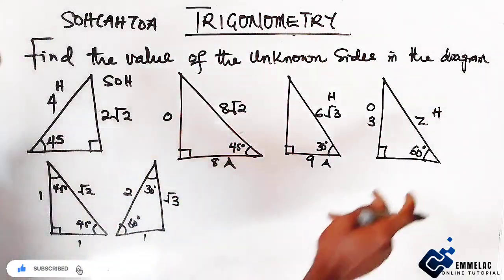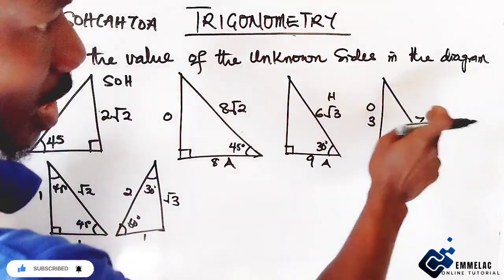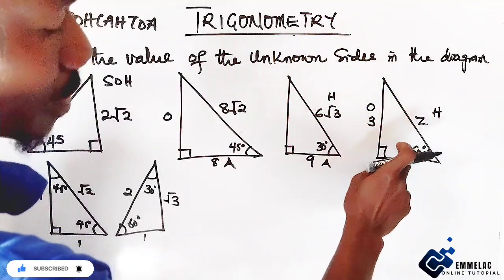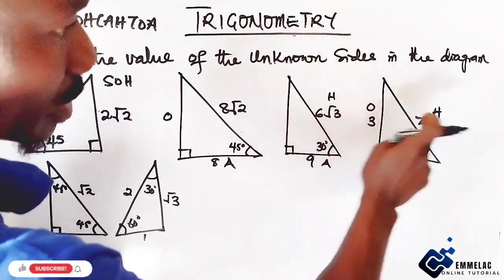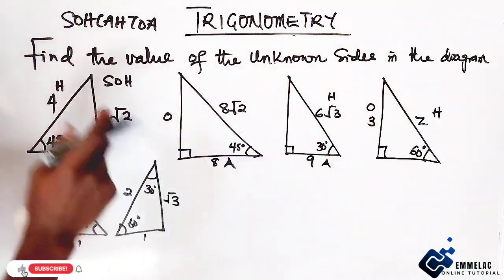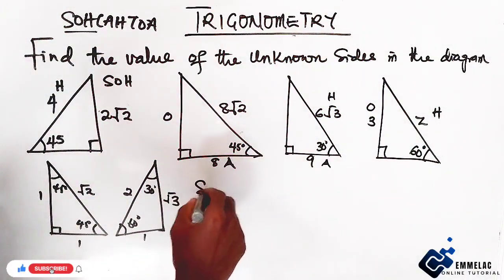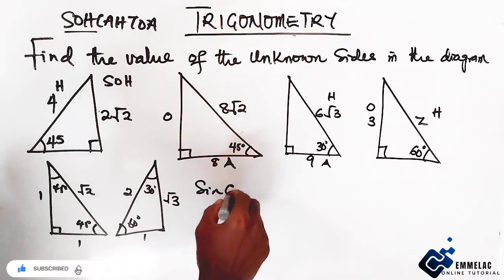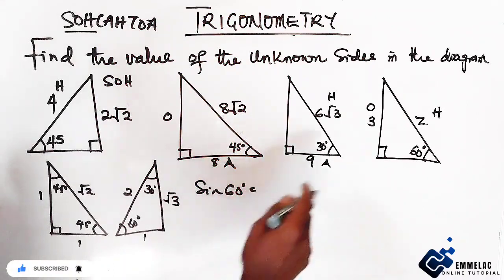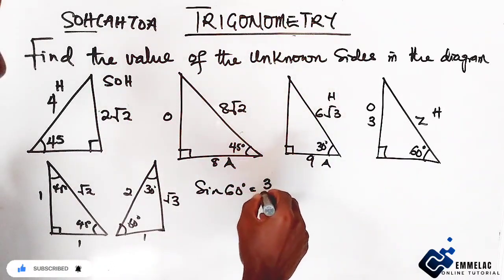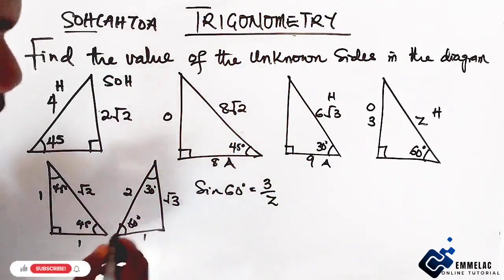What is the relationship between the opposite, hypotenuse, and angle 60? Opposite over hypotenuse is sine. So sine 60 gives us opposite, that will be 3 over z.